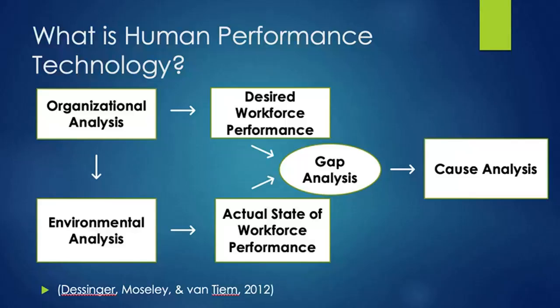So how can this be applied in an educational setting? If a teacher, for instance, notices that a performance gap exists in their classroom, say that the students are not performing well in the time period just before lunch, then the teacher can employ human performance technology in order to isolate this performance gap and identify potential causes.